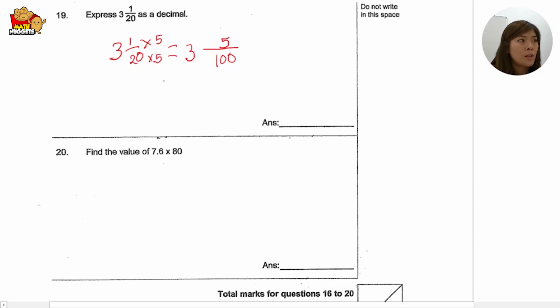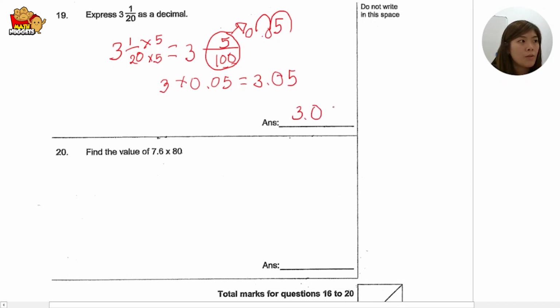Change 5 over 100 into a decimal first. 100 has 2 zeros, correct? So you move 2 places to the left, and your decimal will be 0.05. Together with the 3, it will be 3 plus 0.05, which gives you 3.05. So your answer here is 3.05.